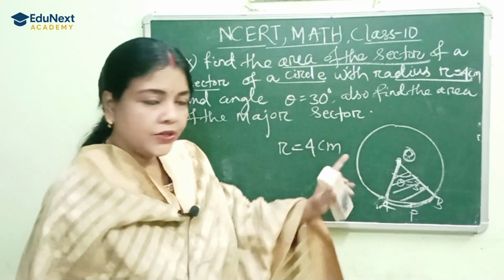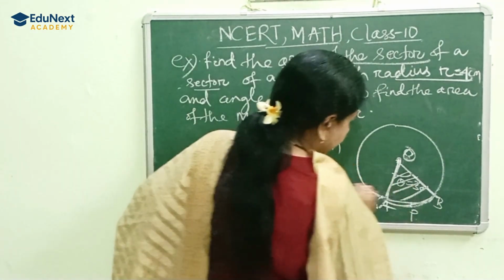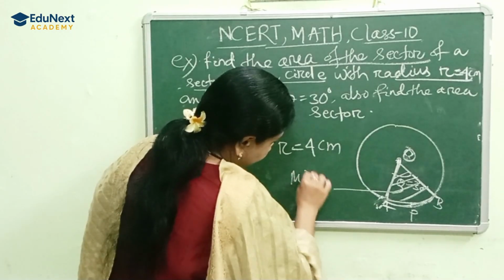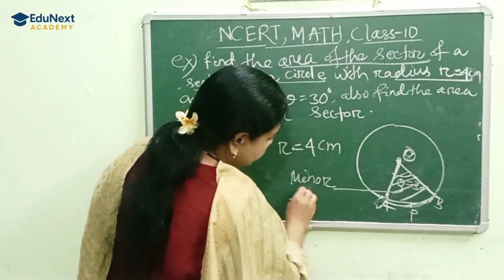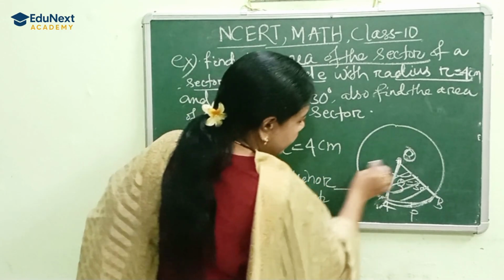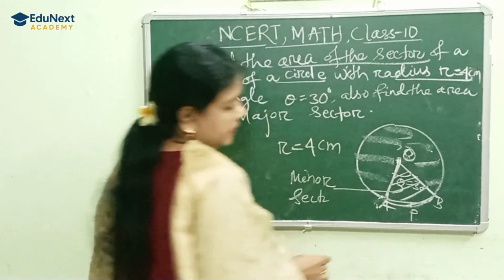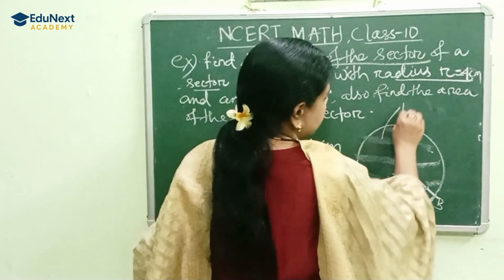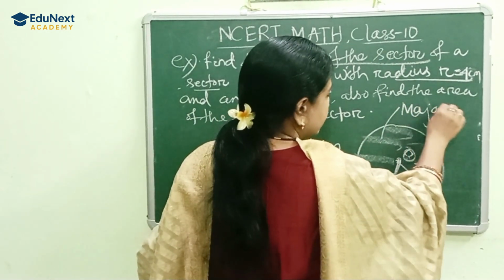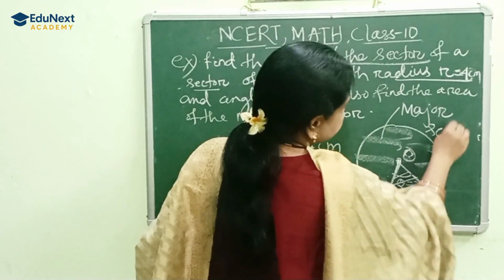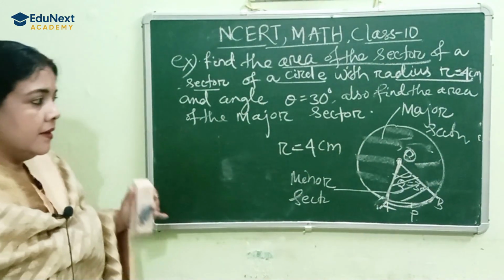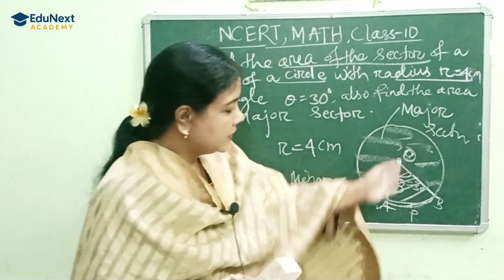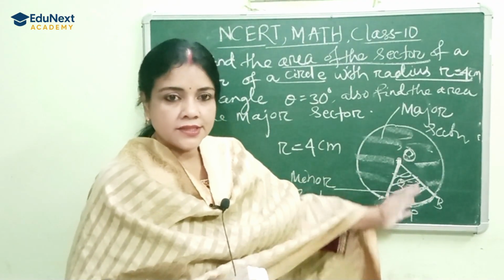Here this is the minor sector, and the area left beyond this minor sector is known as the major sector. Okay, so let us first find out the area of this minor sector.